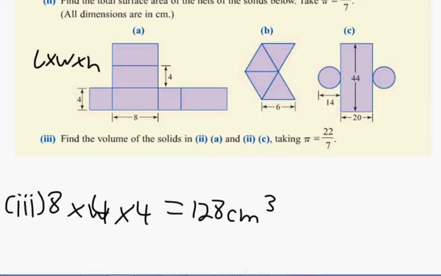Now the next one's the volume of the cylinder. Now this one's a problem. I'm going to tell you why there's a problem with this one. Actually, no, it's not a problem.